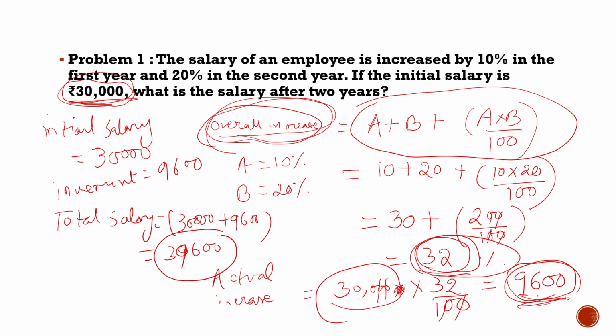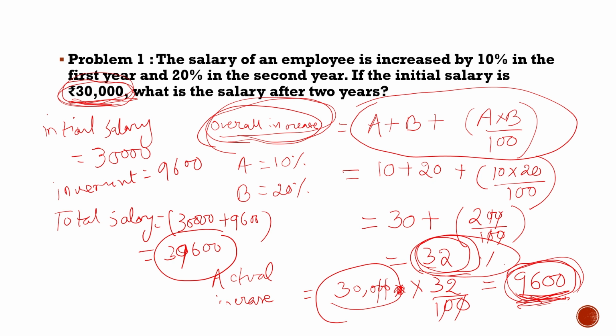This is the actual increase in 2 years. To find out the new salary, you have to add this increase to the initial salary. So 30,000 plus 9600, which will be 39600, right? So this is an application of the formula of successive increase in percentage.